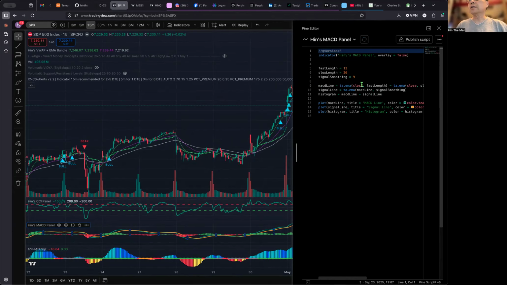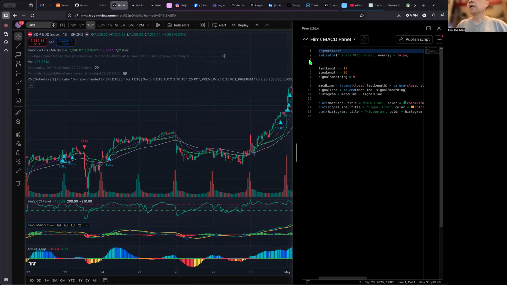So there's the EMA. Very simple to understand. It has a fast moving line. The fast length is 12, the slow length is 26. The signal is at 9. So you see only two lines here, a fast and a slow, but there's a signal.